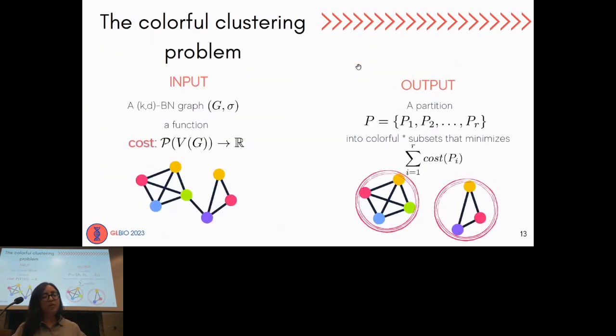With this structure, we formulate a computational problem as a colorful clustering problem. That is, if I give you a k,d best neighbor graph and a cost function, representing the number of edges that I have to add or delete, so the editing operations that I have to do to this graph, so that we get a partition into colorful subsets, where each subset has exactly one vertex of each color, that minimizes the cost function.